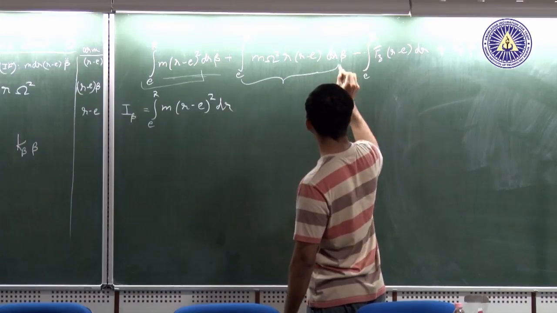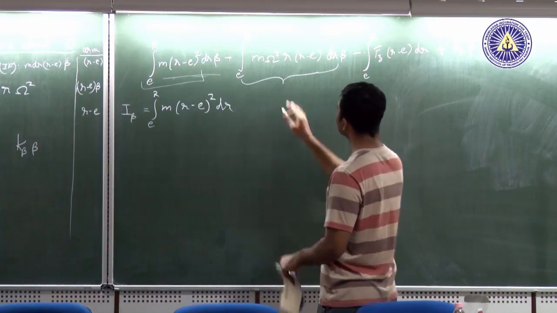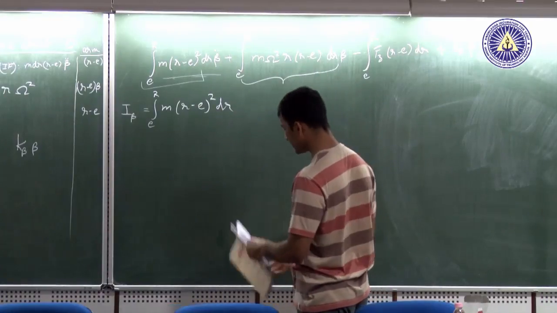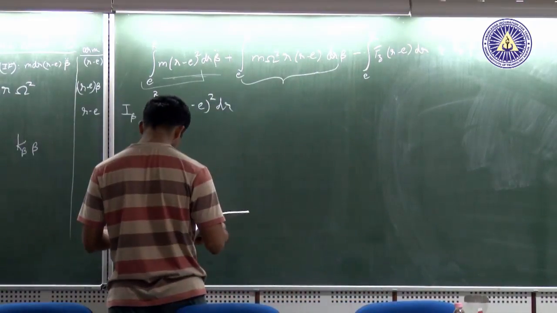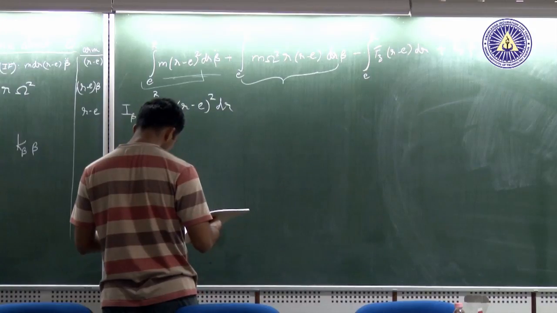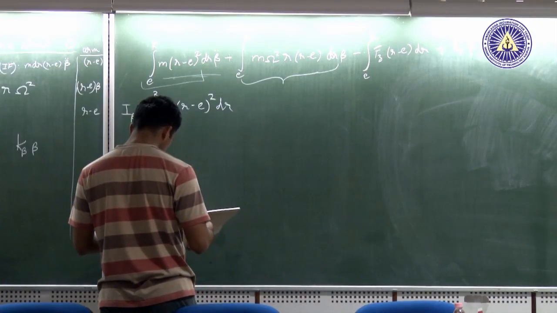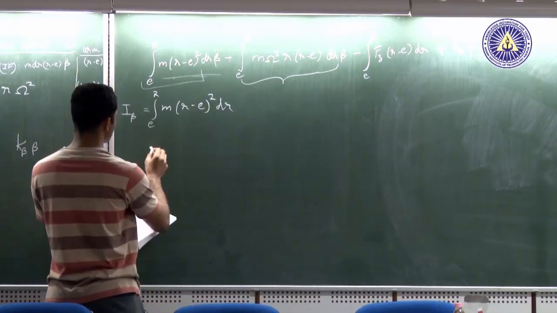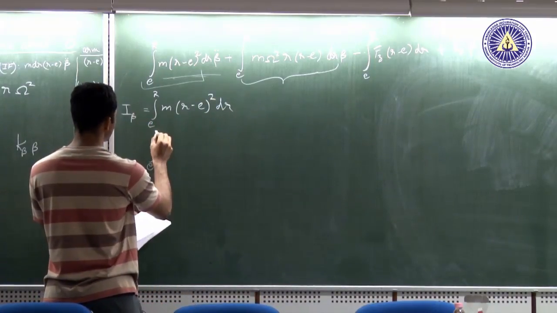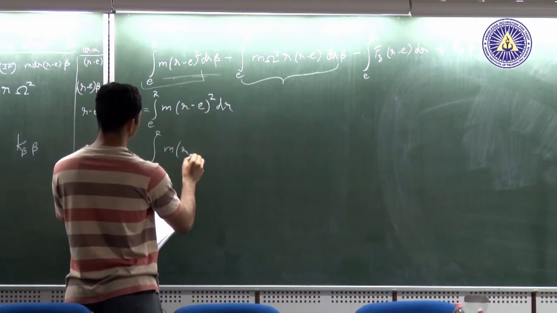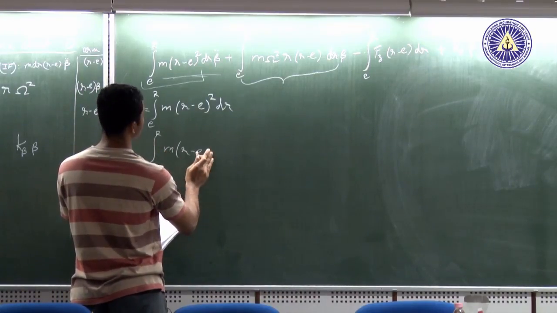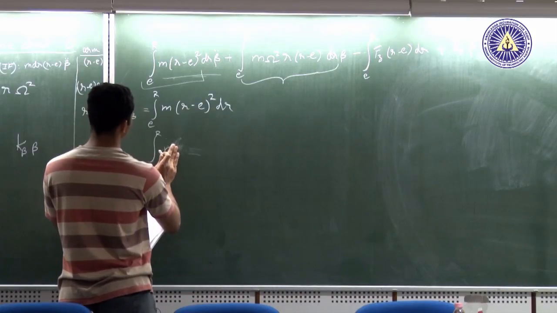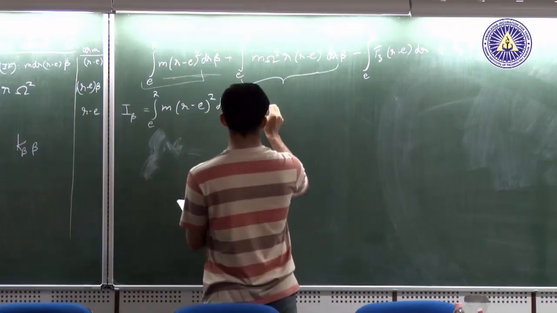Actually this whole integral, you can write r as (r minus e) plus e, and after simplification you will get something like this. Let me just write it down here.